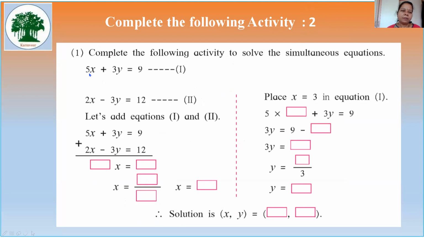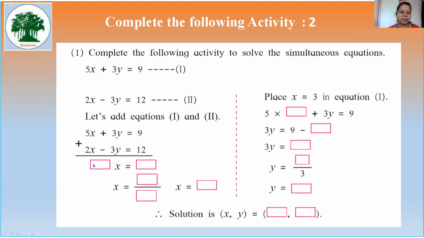We rename 5x plus 3y is equal to 9 as the first equation, and 2x minus 3y is equal to 12 as the second equation. If we observe the coefficients of y, here is positive 3, here is negative 3. Only if we add these two equations, we eliminate y and find the value of x.